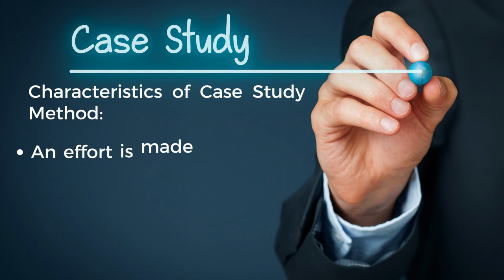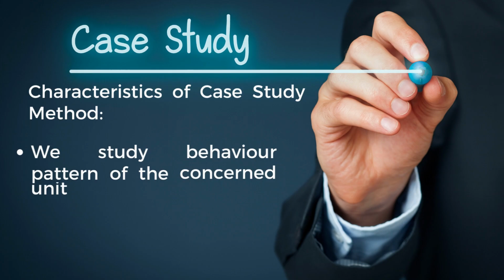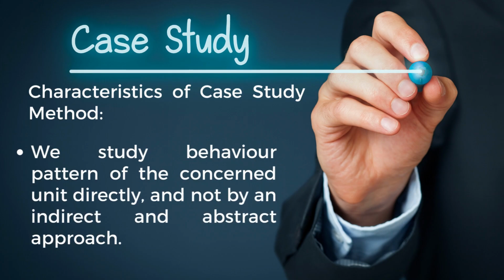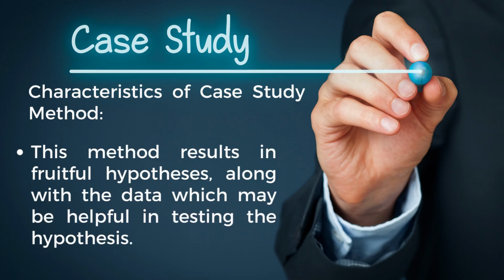Fourthly, an effort is made to know the mutual interrelationship of causal factors. We study behavior pattern of the concerned unit directly and not by an indirect and abstract approach. This method results in fruitful hypothesis along with data which may be helpful in testing the hypothesis. So these are the characteristics of case study method.